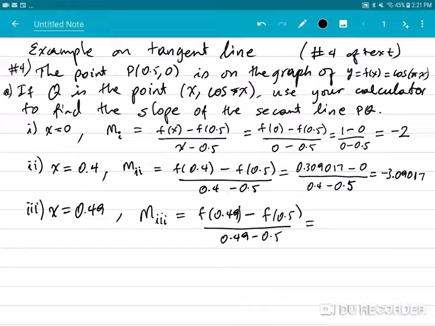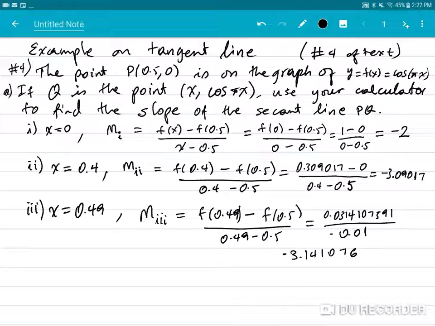This is 0.0314107591 over negative 0.01, and this is negative 3.141076. I'll round it to 6 decimal places.